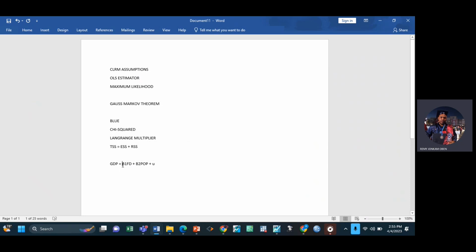Just by including a constant in this model, we satisfy that assumption. We ensure that the expected value of the residuals is 0, right?